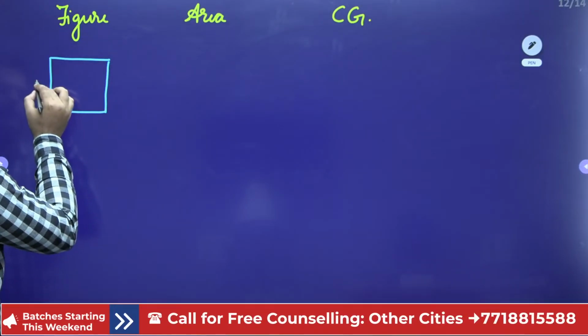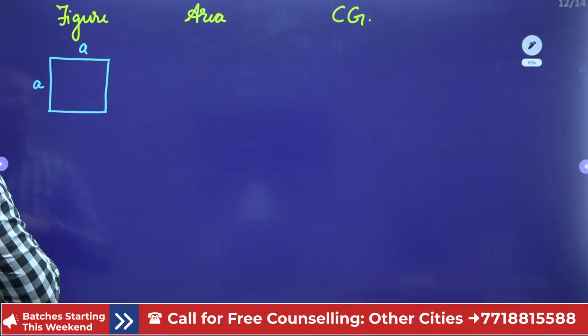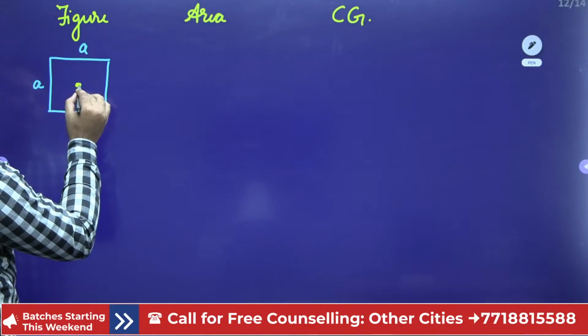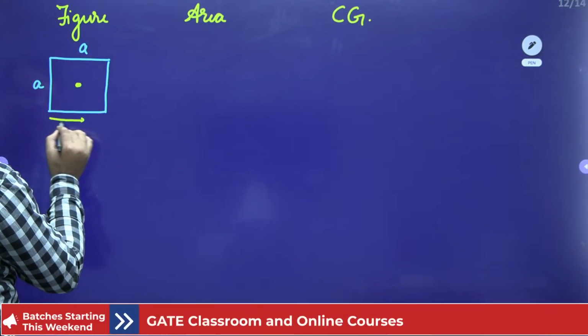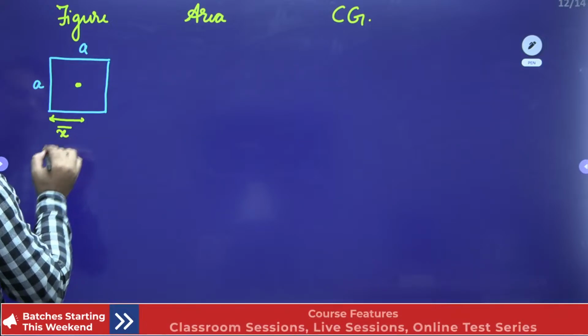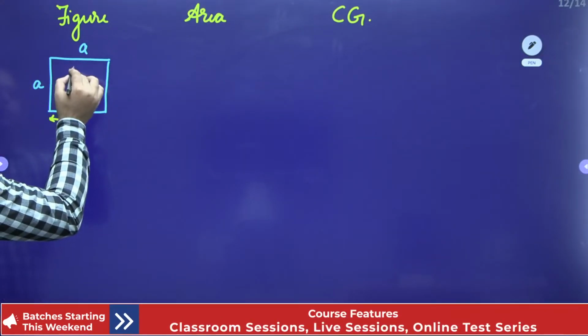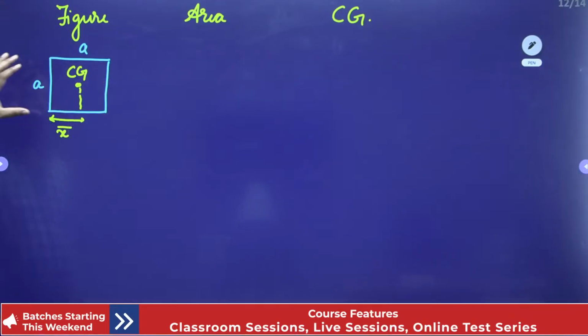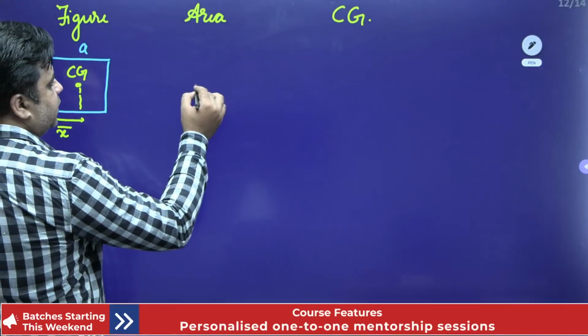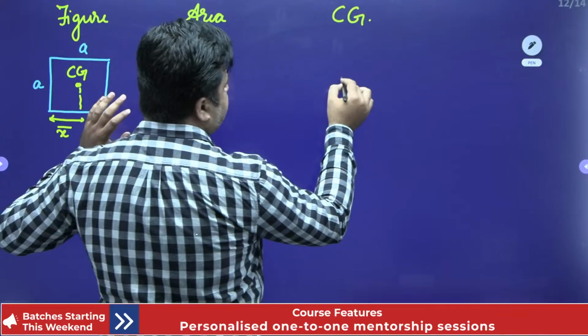Square with sides A and A. CG is located at this point, and this position is X bar. I'll write down only X bar, right? X bar is the position of the CG. So the area for this figure is A square, simple. CG is A by 2.